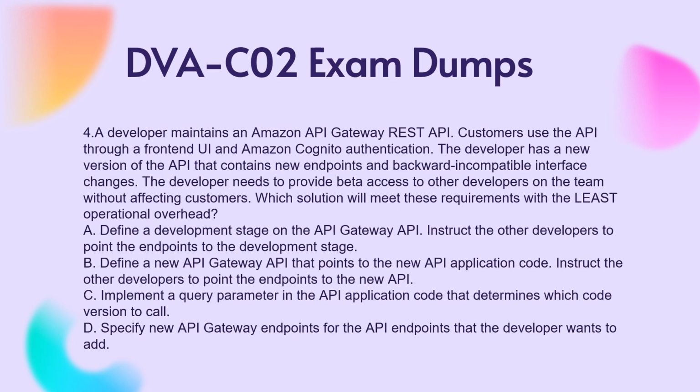Instruct the other developers to point the endpoints to the new API. C. Implement a query parameter in the API application code that determines which code version to call. D. Specify new API Gateway endpoints for the API endpoints that the developer wants to add.